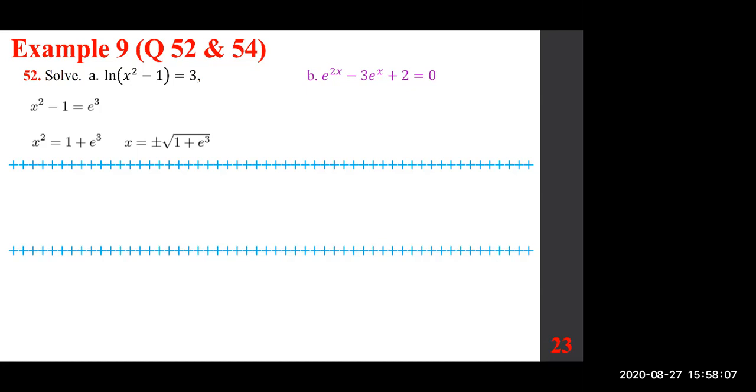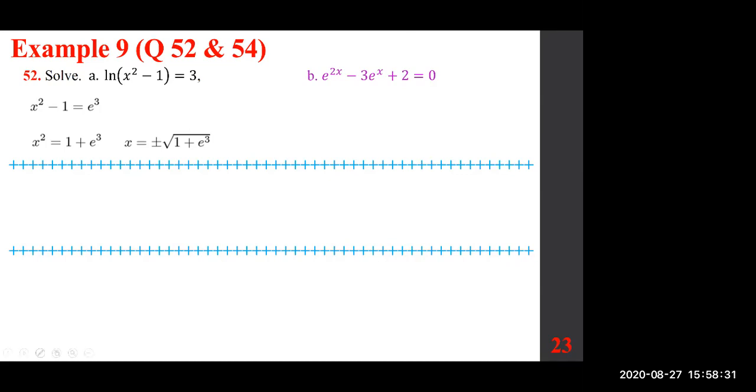Part B, you have two choices, class. You can deal with it the way it is, or you can let e to the power of x be some variable of your choice, anything you want. Let me use a different color because I'm going to use a red one.